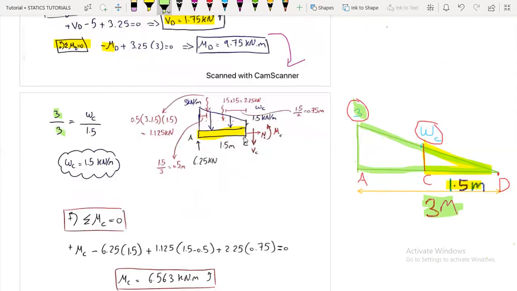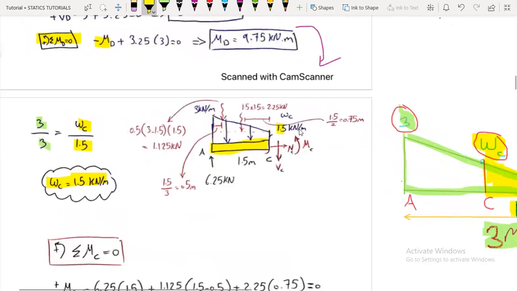So over 3 equals this small triangle, which is in the yellow, omega c over its length, which is 1.5 meters. So we found omega c to be 1.5. Here it is 3 kilonewtons per meter, and here it is 1.5 meters.